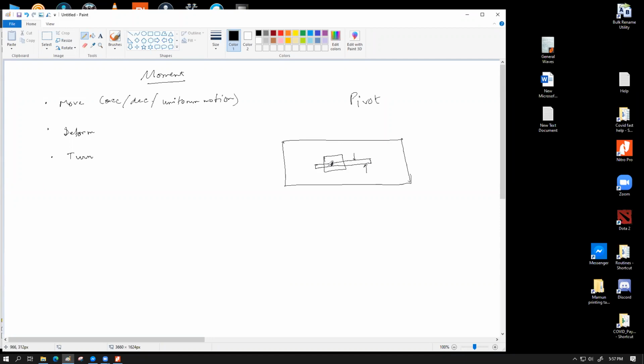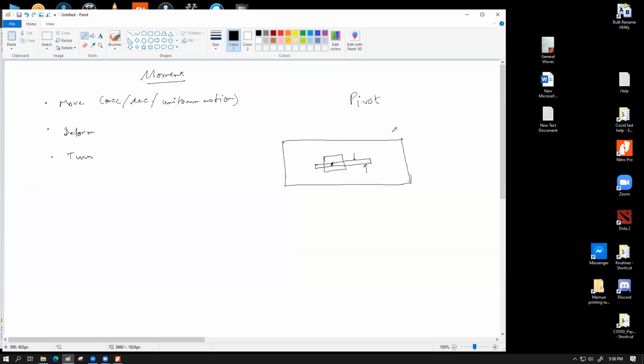This is the point that we usually talk about as pivot, the stationary point about which an object can go around. Rotating would essentially change its orientation, but this object can never move away from this point. Moving away would mean to actually get displaced from this position. So it can rotate about it.